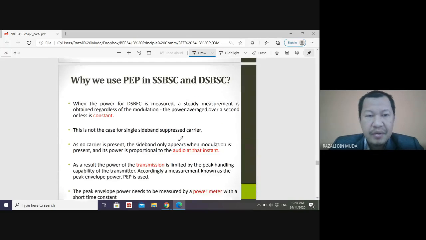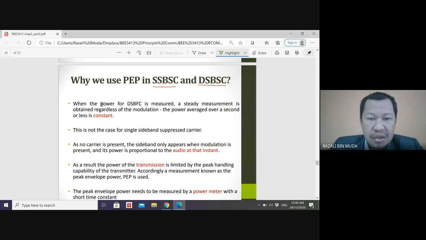Why use PEP in suppressed carrier, single sideband suppressed carrier, and double sideband suppressed carrier? When the power for double sideband full carrier is measured, a steady measurement is obtained regardless of the modulation. So normally in full carrier double sideband, they measure the carrier power.